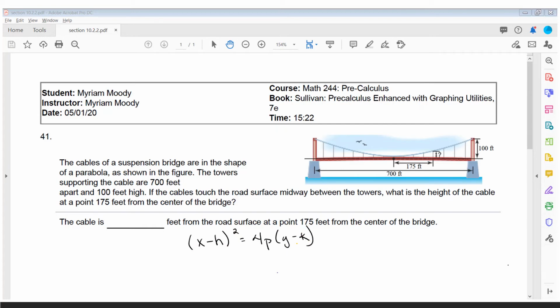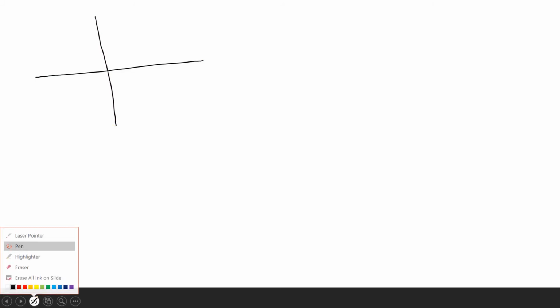I am going to get myself some more working room. So, I'm going to draw myself the grid system. Okay? And on this grid system, I have the choice of where to put this bridge, which is in the shape of a parabola. So I am going to put the vertex at 0, 0, because that's going to be the easiest thing for us to do, right?